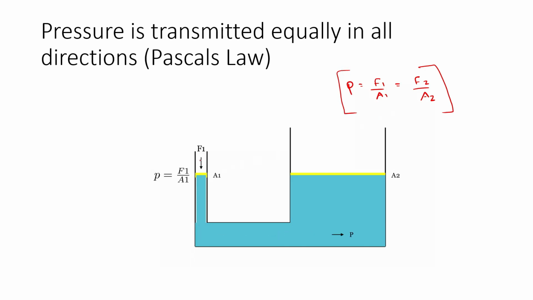That means by applying a small force here, you can lift a heavy load here. Because F2 is equal to F1 into A2 by A1. So since A2 is very much greater than A1, you can get a very large force there. So that means you can lift a very heavy load.